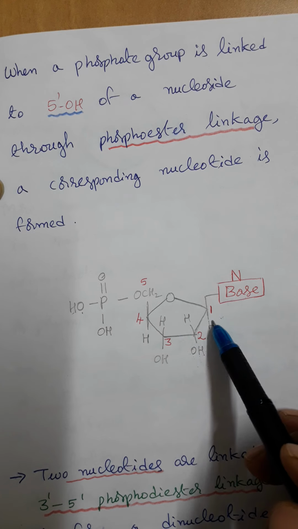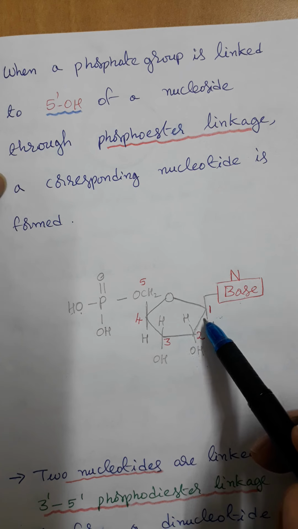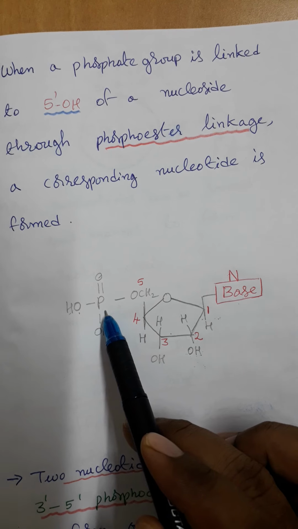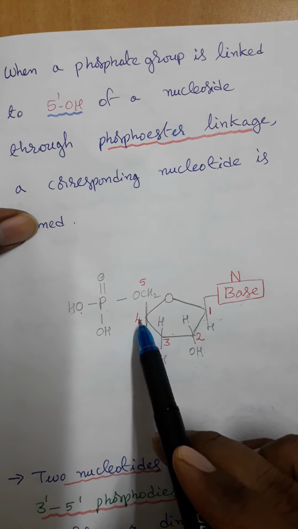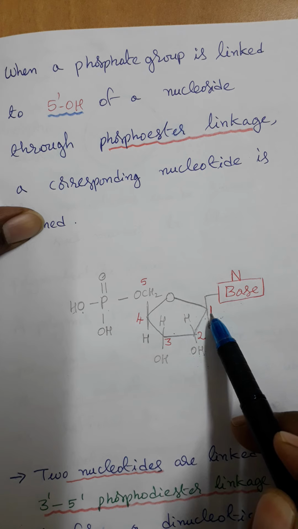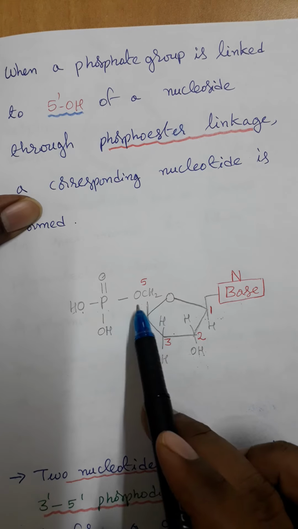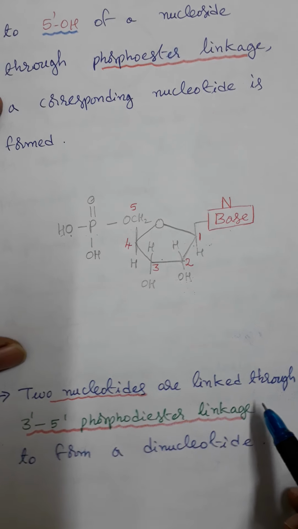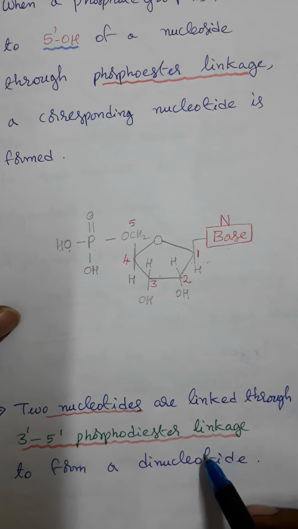So the N-glycosidic linkage is present in between the nitrogen base and sugar. The sugar is attached to the phosphate with the help of a phosphoester linkage. In between sugar and phosphate, phosphoester linkage is present. The two nucleotides are linked through a 3',5' phosphodiester linkage.